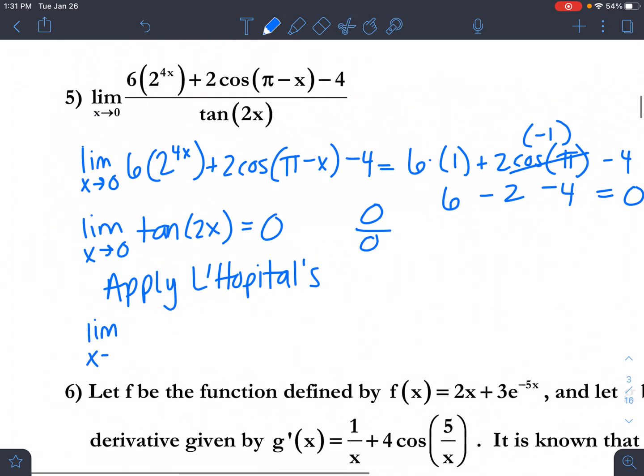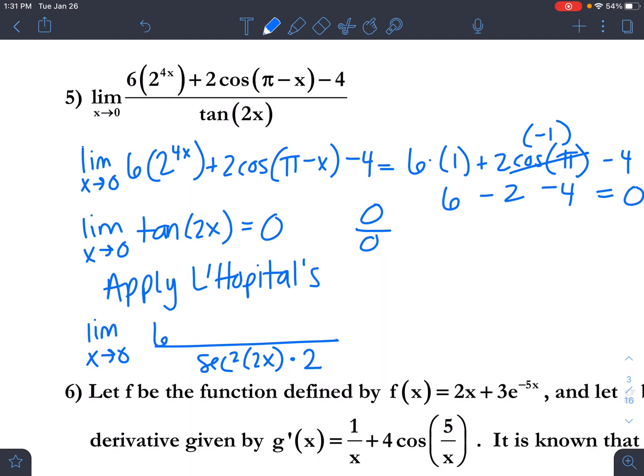Limit as x approaches 0 of, so denominator maybe is easier here. Tangent of 2x would be secant squared of 2x times 2. The top we have, okay, so 6 would just chill outside. Don't try to combine it with the 2. That's algebraically not correct. 2 to the 4x, remember for anything like a to the u, the derivative is a to the u times ln of a times u prime.